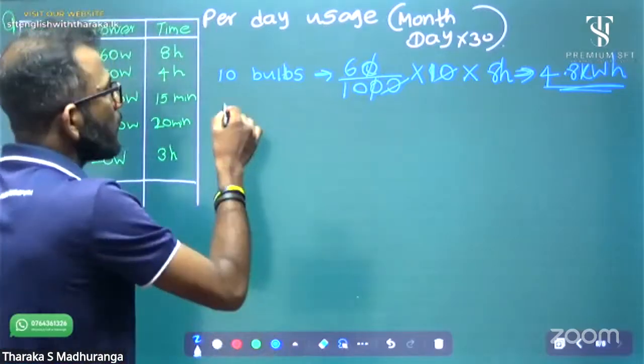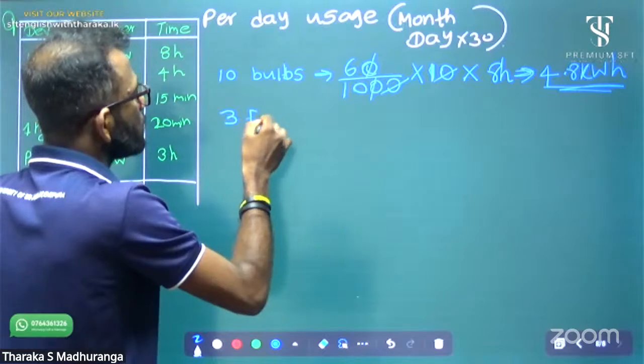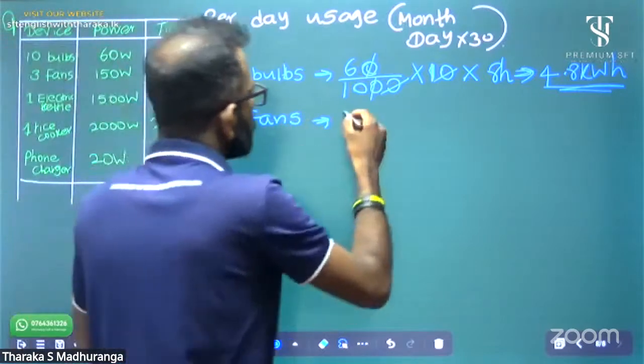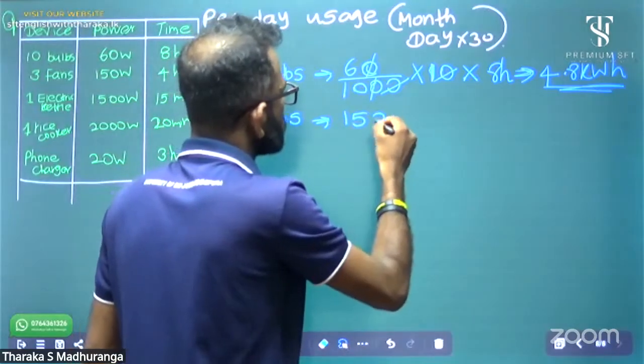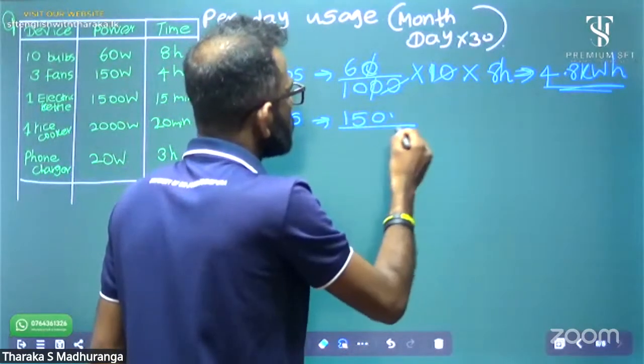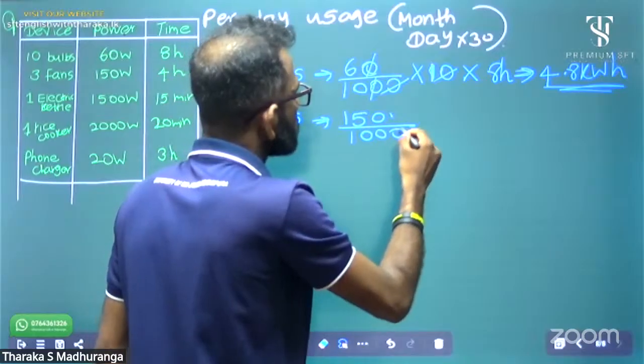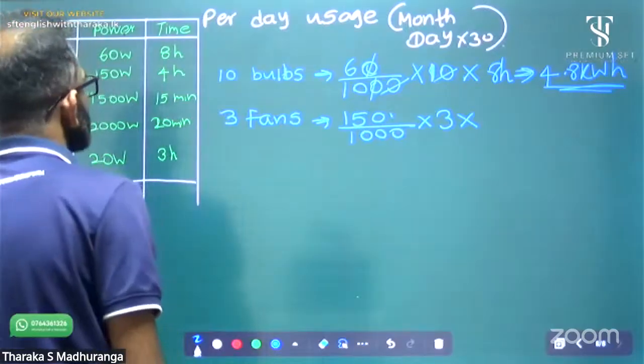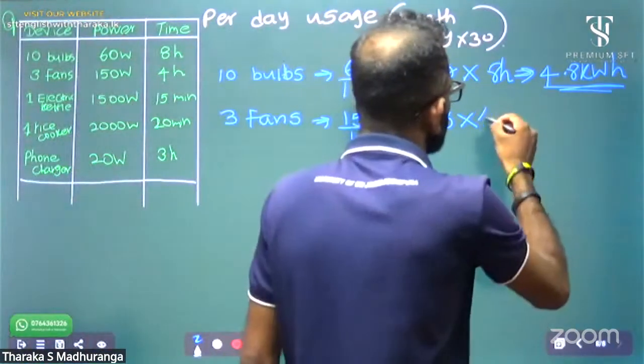Next, three fans. 150 watt. To convert into kilowatts, divide by 1000. Three fans. How many hours? 4 hours.